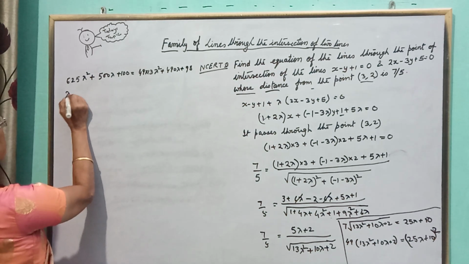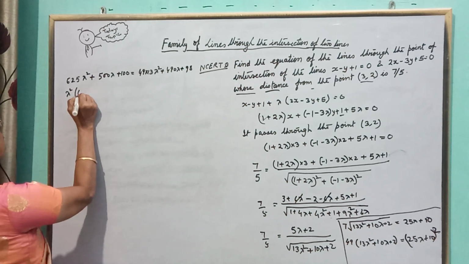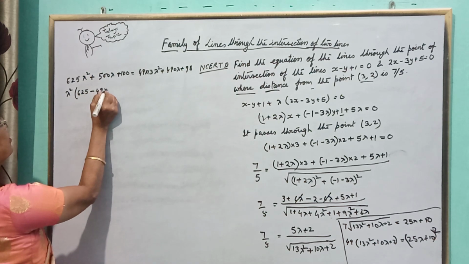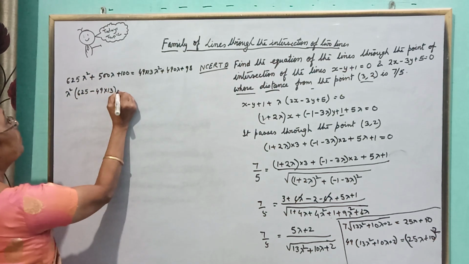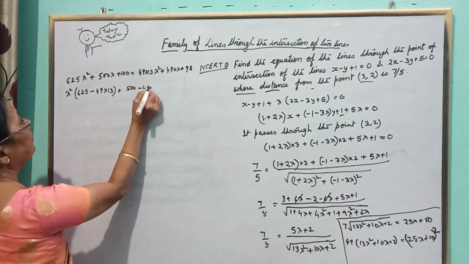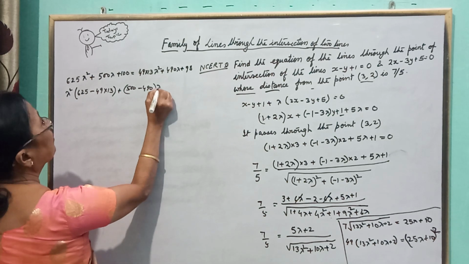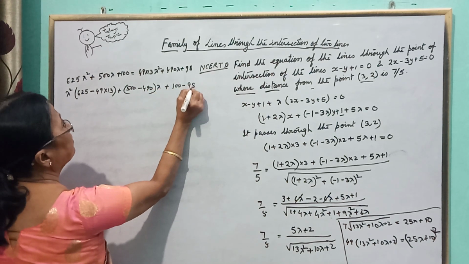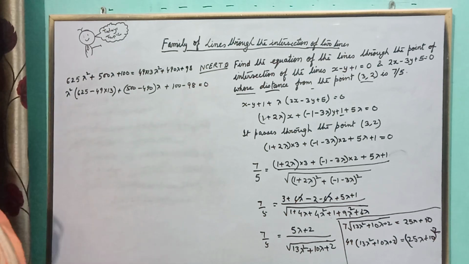So lambda squared I can take (625 minus 49 into 13) plus (500 minus 490) lambda plus (100 minus 98) is equal to 0.